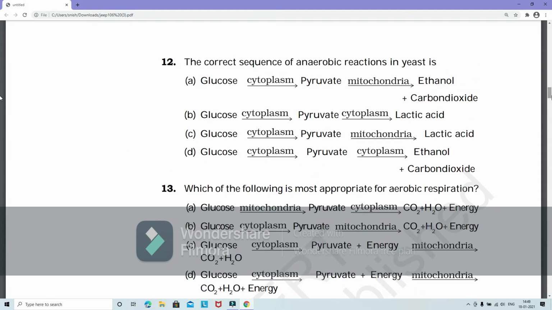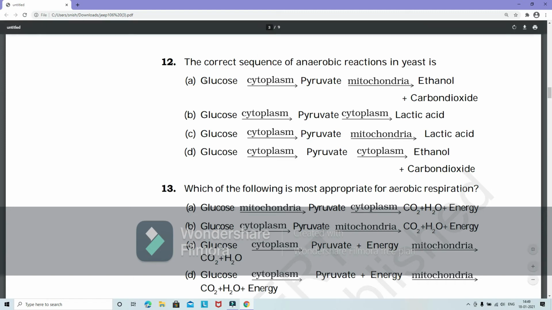Right, it's the 12th question now. The correct sequence of anaerobic reactions in yeast. Anaerobic respiration is respiration in the absence of oxygen. In yeast, firstly glucose will split into pyruvate, a 6 carbon molecule into a 3 carbon molecule, in the cytoplasm.